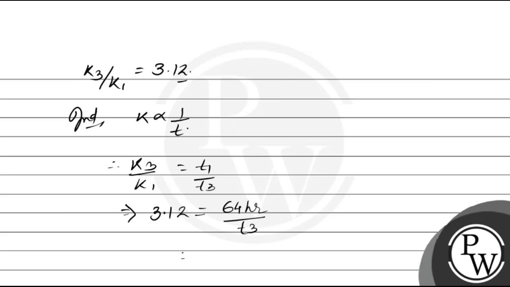So t3 is equal to 64 hours upon 3.12, which is equal to 20.5 hours. This means in 20.5 hours milk sours at 40 degrees Celsius. So answer of part B is 20.5 hours. Hope you all understand it well. Thank you.